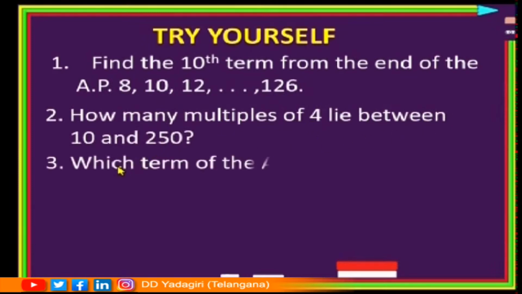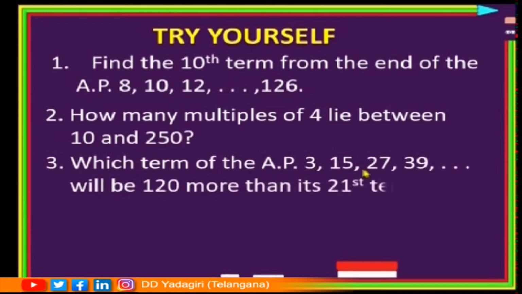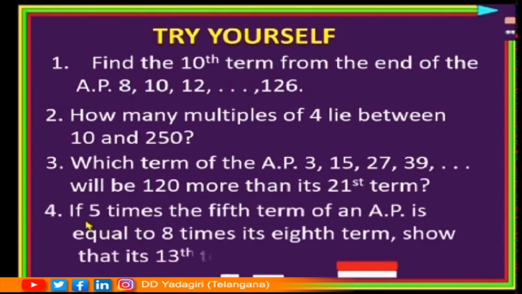Third, which term of the AP will be 120 more than its 21st term? Interesting problem: if 5 times the 5th term of an AP is equal to 8 times its 8th term, show that its 13th term is 0. So, these are some problems based on the nth term concept.